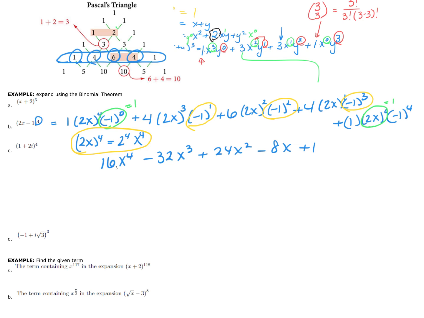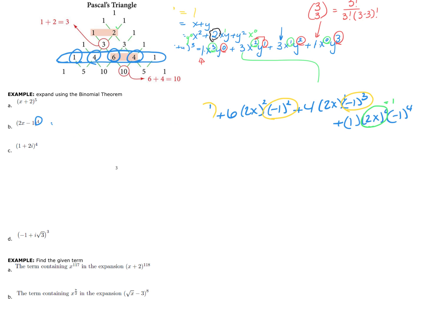Otherwise, if you tell me that 2x to the 4th is 2x to the 4th, you're missing the fact that ab raised to the n power is a to the n, b to the n. So that power needs to distribute over multiplication on both the a and the b. So make note of that. If you're getting stuff wrong, it's probably because you forgot to distribute correctly on the exponent.